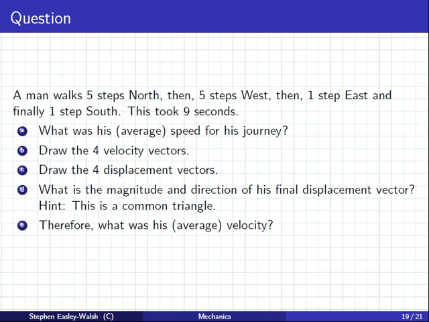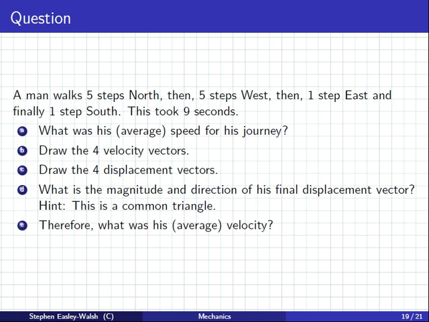First question, what was his average speed for his journey? Then I want you to draw the 4 velocity vectors. Then I want you to draw the 4 displacement vectors. And then what is the magnitude and direction of the final displacement? And then lastly, what was his average velocity?